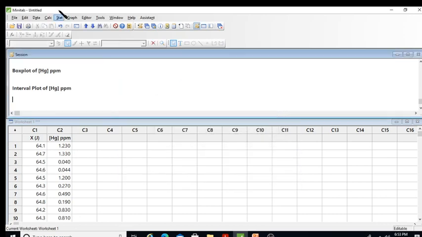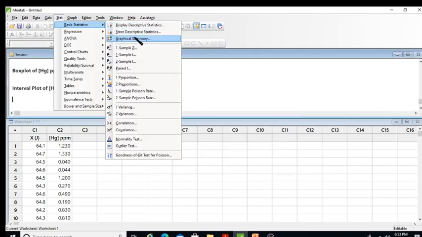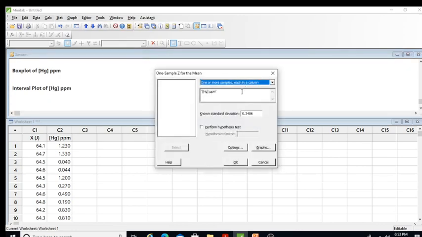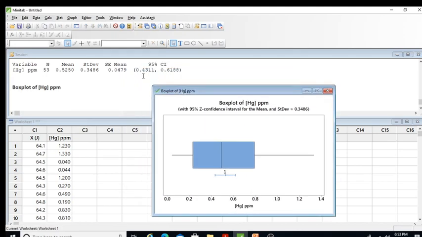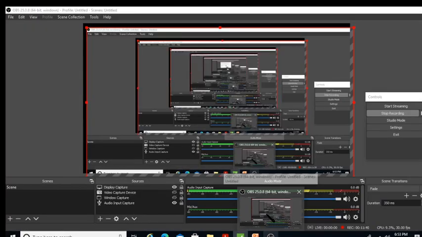In order to get the confidence interval, you go to Basic Stats, One-Sample Z test, and do this. Here you are going to get the confidence interval, and the value would be 0.4311, which is different from just an interval plot. So here you are using a Z test. Your test statistic is a Z test.